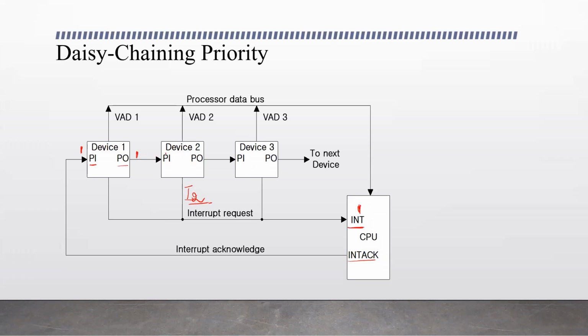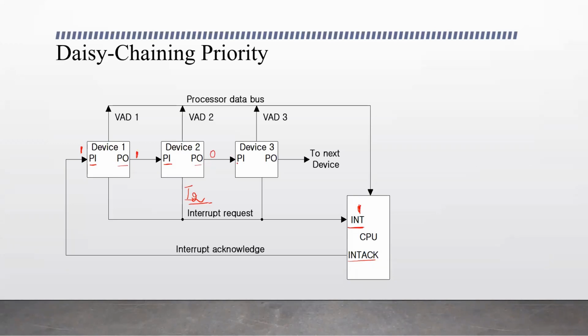So here the PI input of device 2 is 1. It receives it as 1 and it blocks this, as device 2 requires service by the CPU. It blocks this acknowledgement signal and places a 0, not 1. As it is blocked here, the priority output of device 2 will be 0.